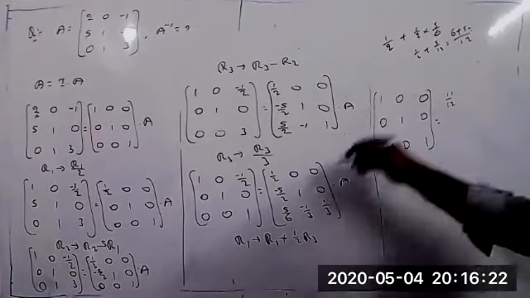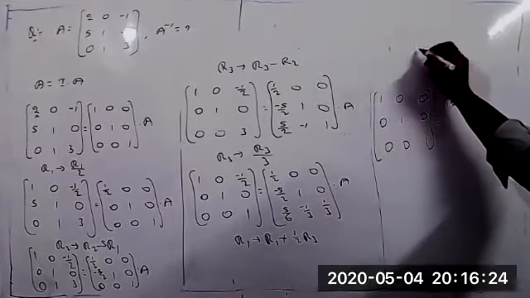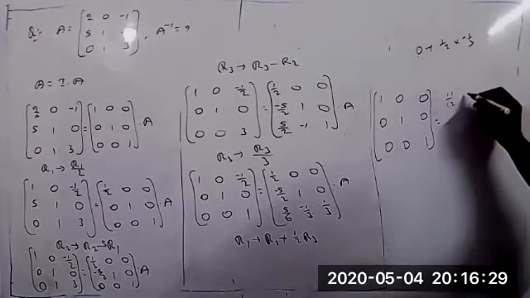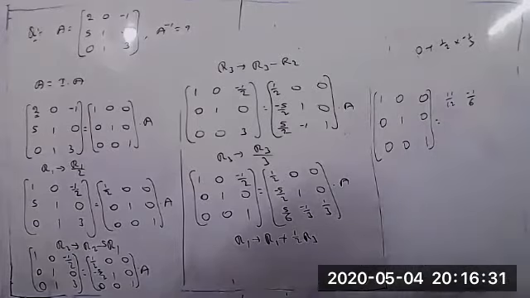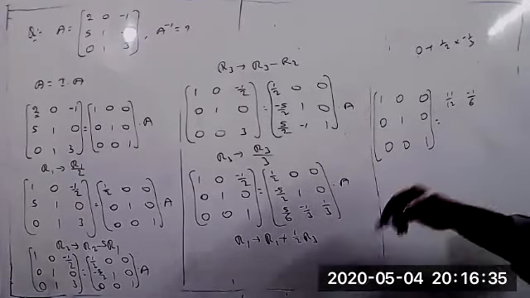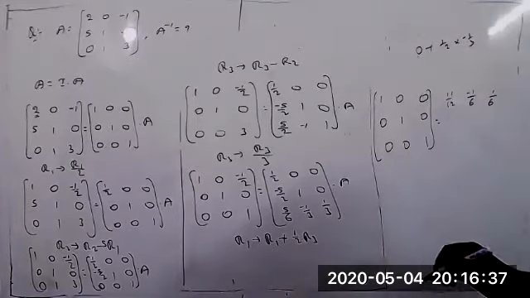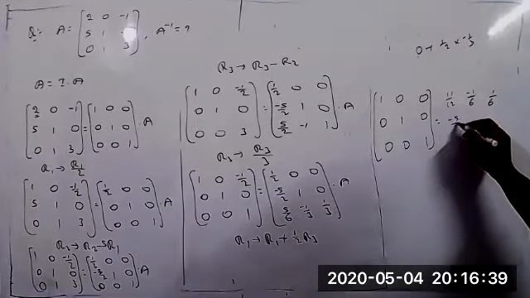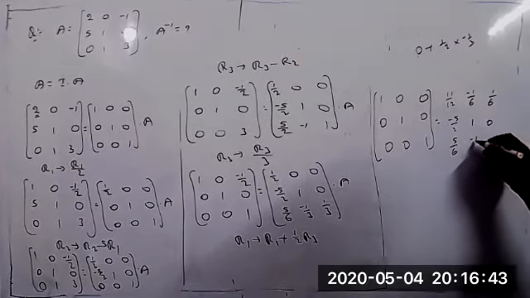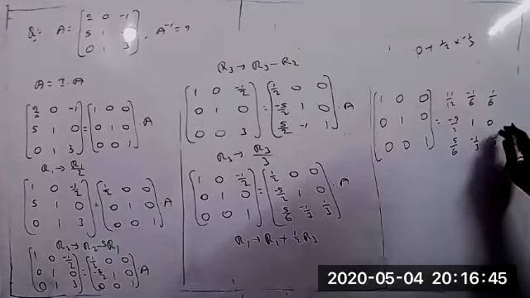So this element now. 0 plus 1 by 2 into minus 1 by 3, so minus 1 by 6. Plus 1 by 6. The remaining right answer is only this. So minus 5 by 2, 1, 0. And this is 5 by 6, minus 1 by 3, 1 by 3.